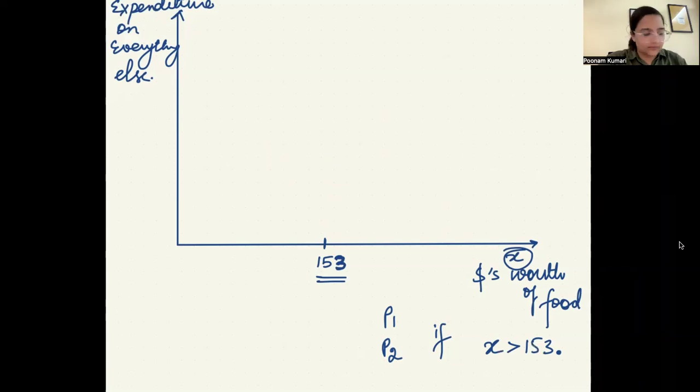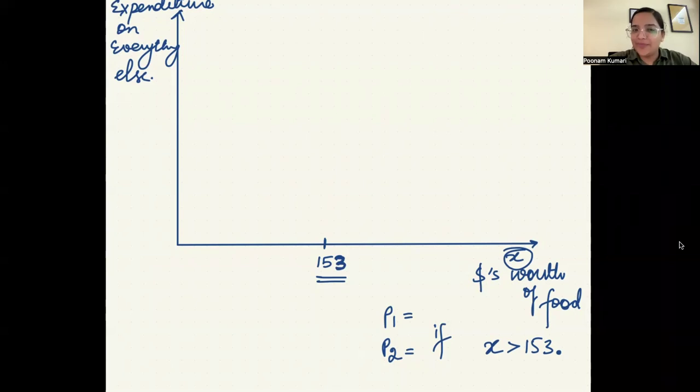That P1 is greater than P2 by 1, or we could say P2 plus 1 is equal to P1. What is P1? P1 is the price of good X. It will be 153 if x is more than 153.